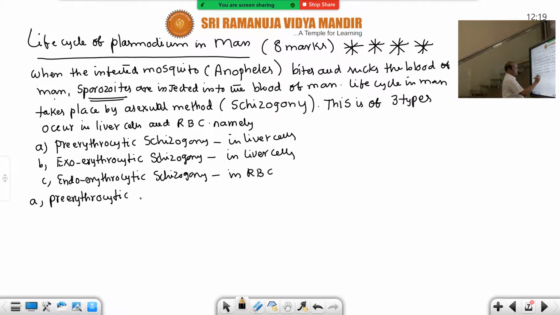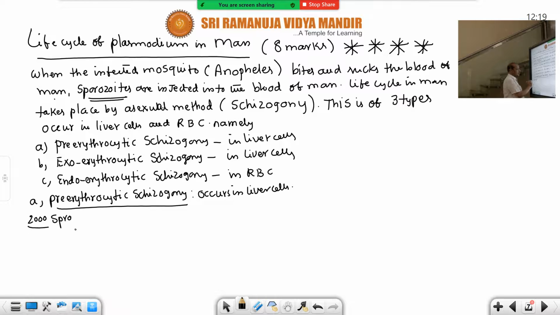Put a heading like this and let us describe pre-erythrocytic schizogony. It occurs in liver cells. The sporozoites during mosquito bite: how many? 2000 sporozoites.